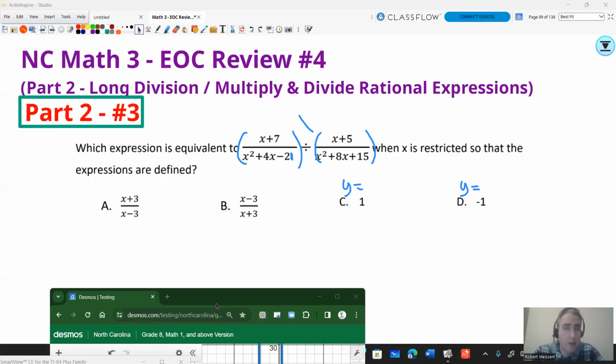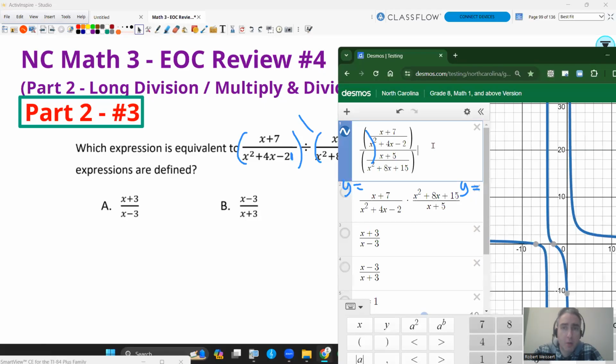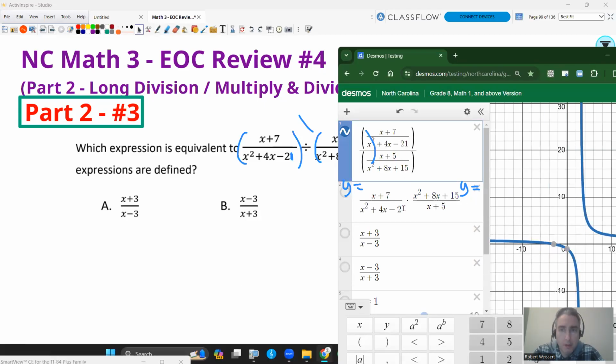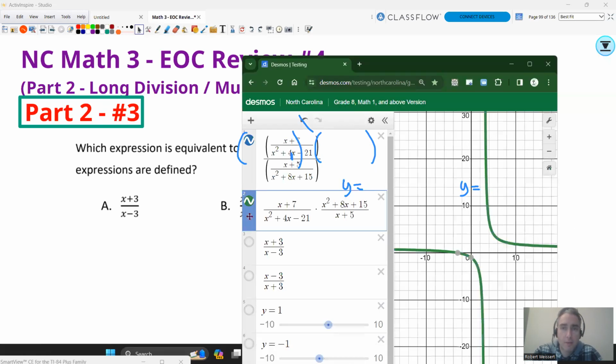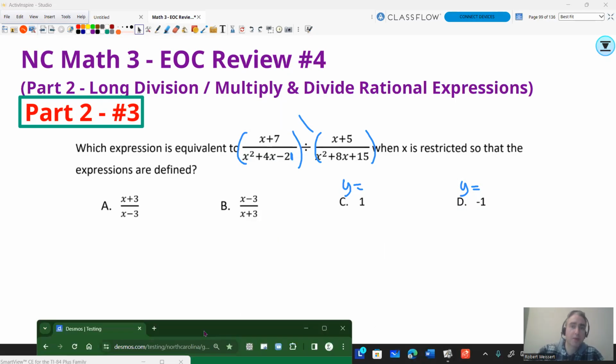If I change that to a 21, then I can match up my graph. Looks like answer choice A is the winner, and these two are just flat lines, so that's not going to work. Sorry about that, but it should be x + 3 over x − 3.